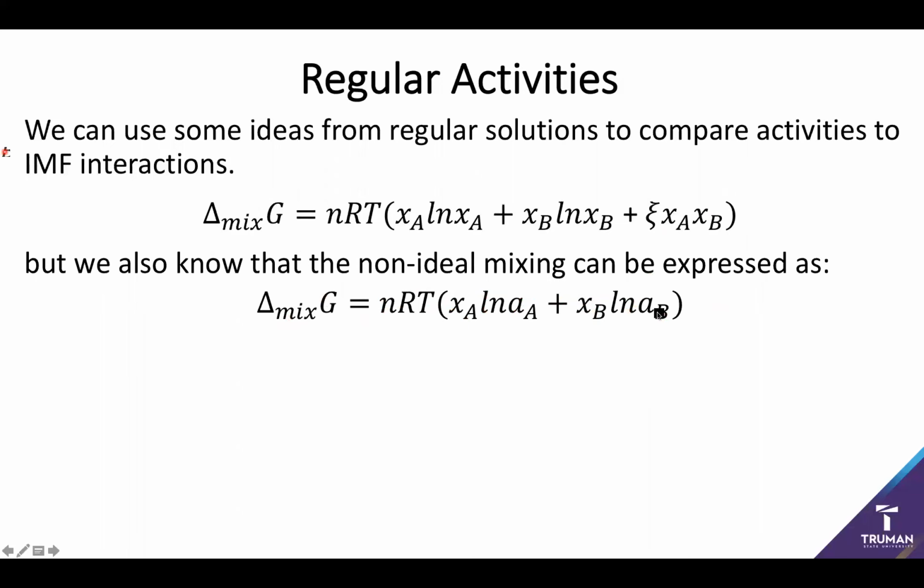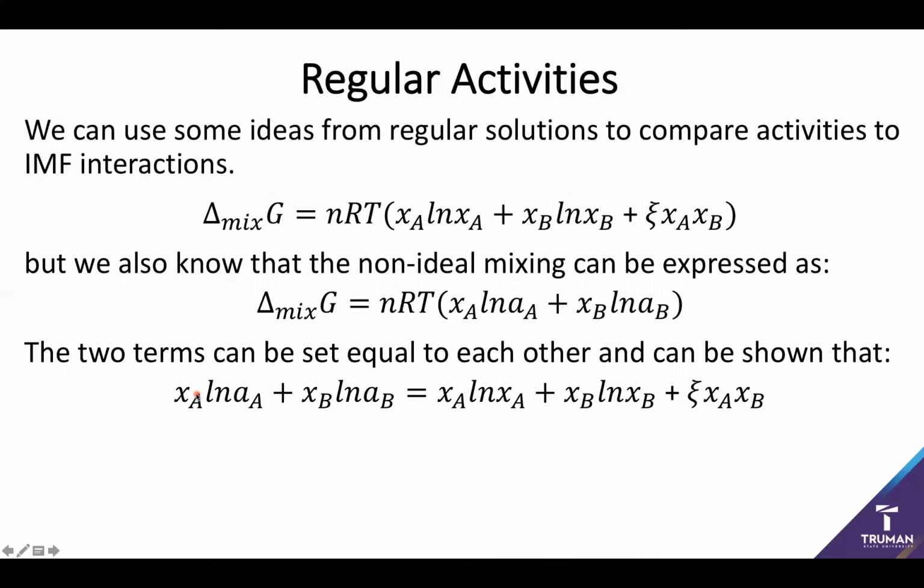So I can try to figure out a way to relate activity to the strength of the intermolecular forces. To start, we're going to get rid of the shared terms, most notably the nRT. Otherwise, we can set the systems equal to each other with activity on the left and the regular solution expression on the right.